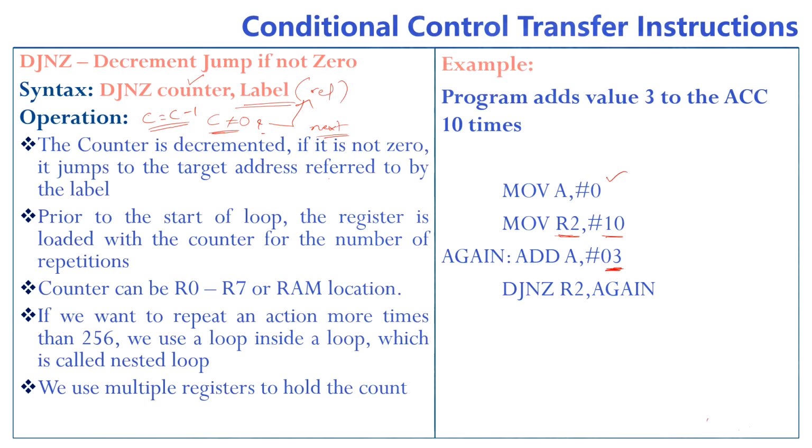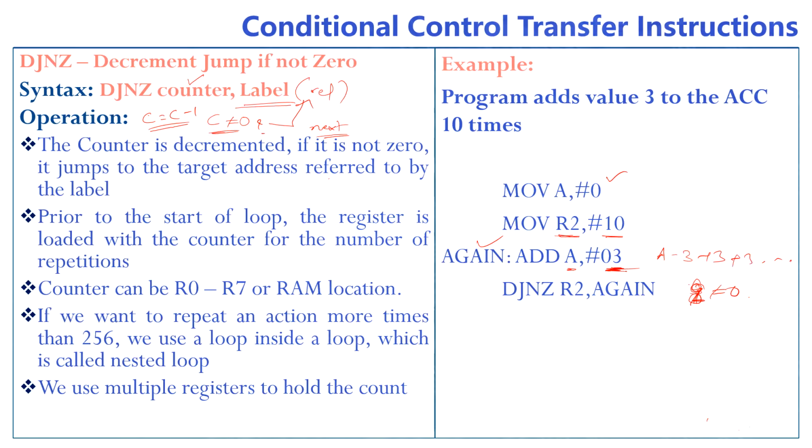So here what happens in the first step: it is 0, plus 3. The answer is 3 only. Here 3 will be there in the accumulator. Then it is checking. First R2 is decremented. That means it is 9. So 9 is not equal to 0. That means it jumps to here. Again 3 plus this 3 will be added and this becomes 8.